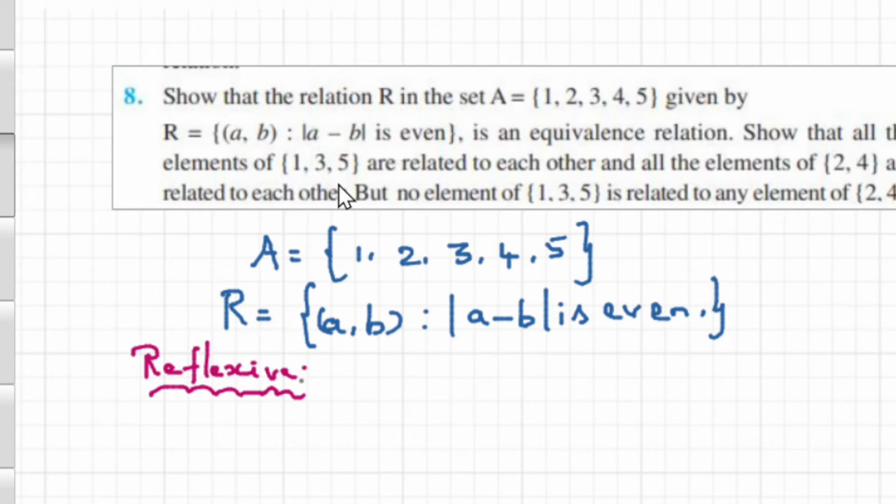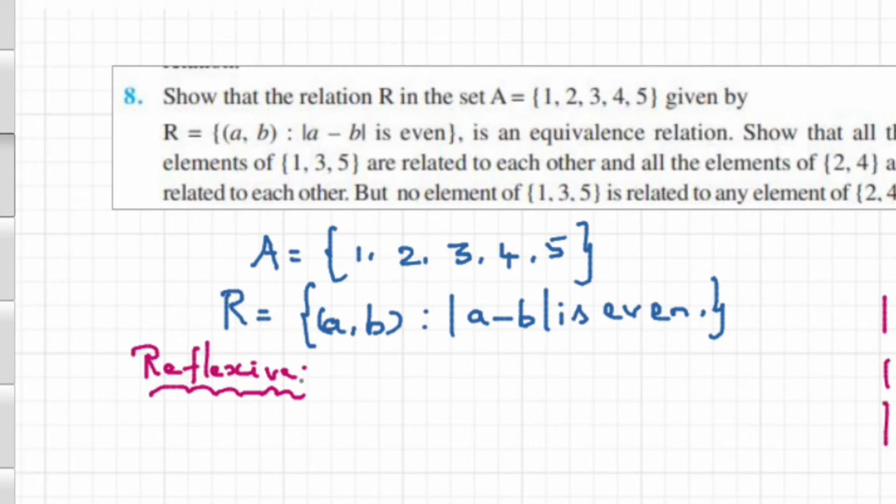If we select only the odd numbers 1, 3, 5, and pick a and b from them, then look at the difference. Suppose 3 minus 1, then modulus of 2 is equal to 2. For 5 minus 3, it is also 2.